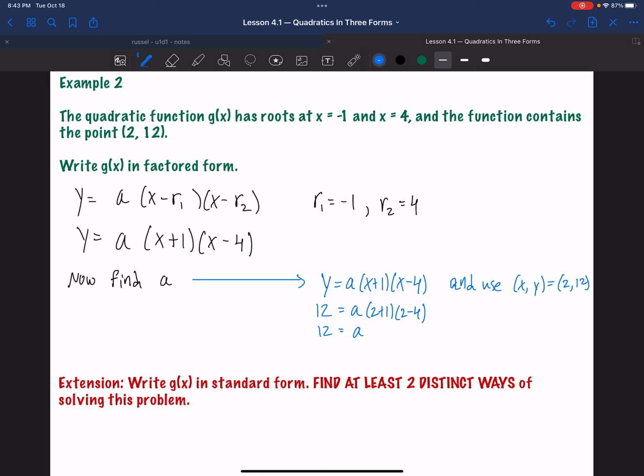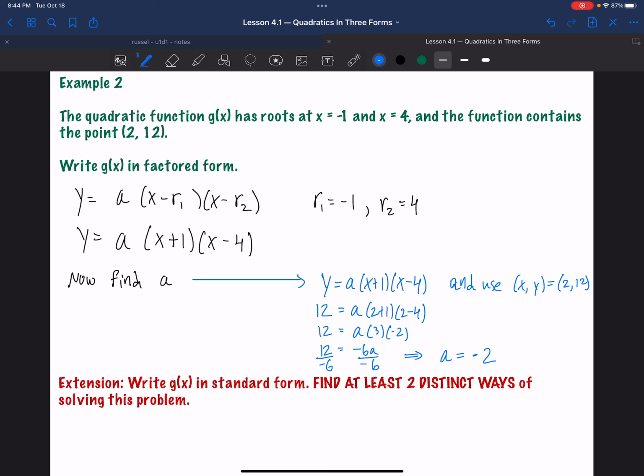12 equals a times 2 plus 1 is 3, and 2 minus 4 is -2. Of course, 3 times -2 is -6. So divide both sides by -6. And this leads to the conclusion that a equals -2. Because 12 divided by -6 is -2.